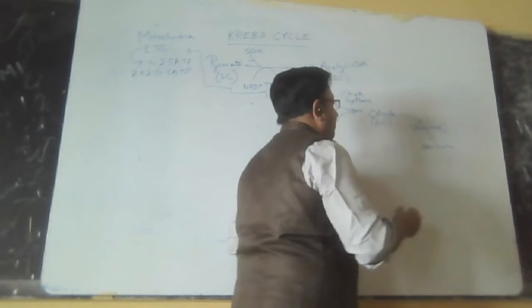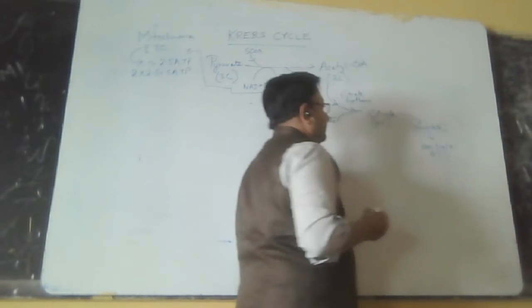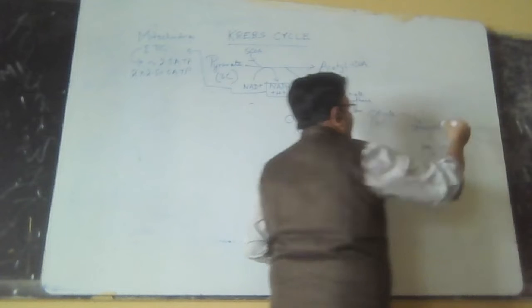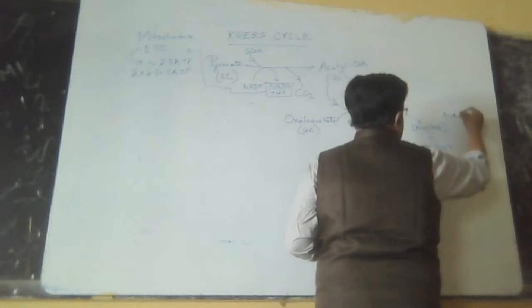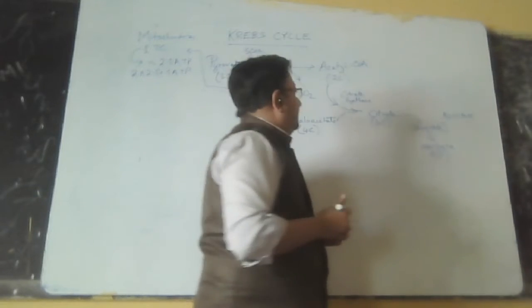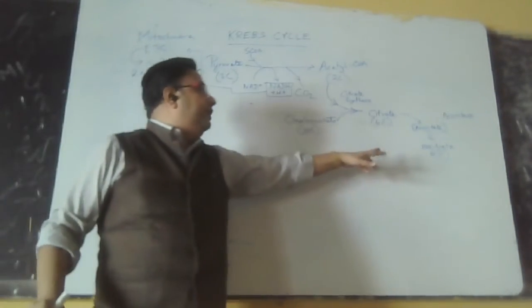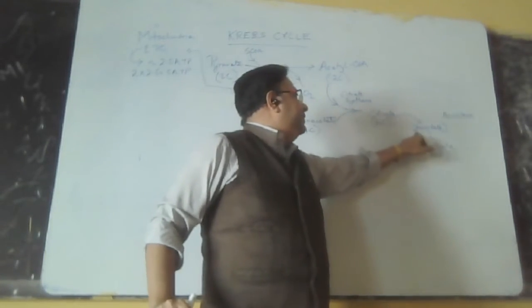This is an isomer. This is also a 6-carbon compound. And the enzyme is aconitase. This enzyme aconitase converts citrate into isocitrate through an intermediate known as aconitate.